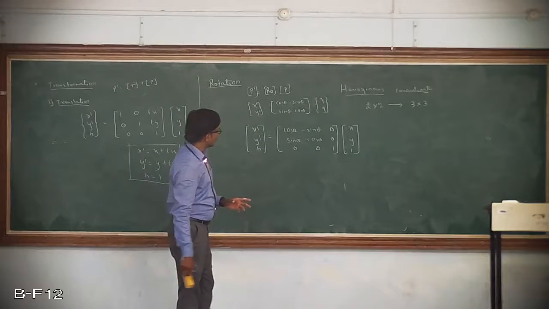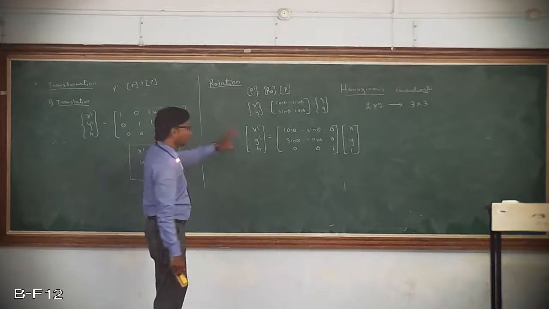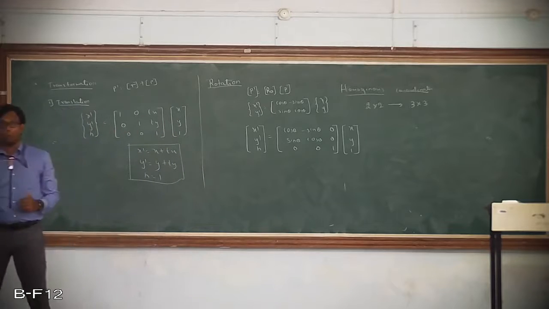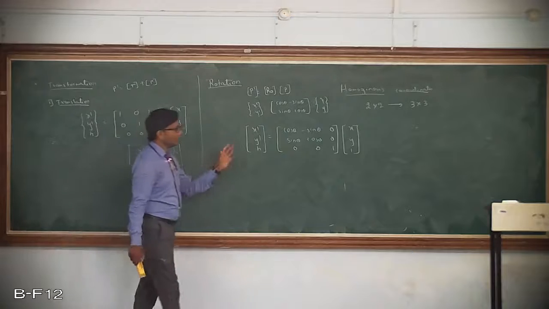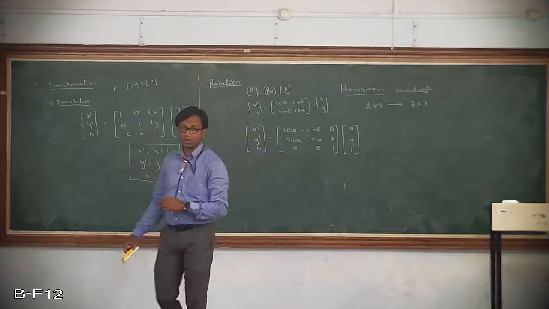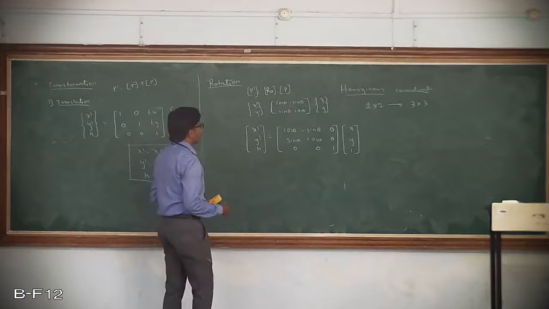Only we are changing the format of the equation so that it is equivalent, and you will be understanding whenever we are doing a composite transformation where a series of operations has to be performed. So this is about the rotation.